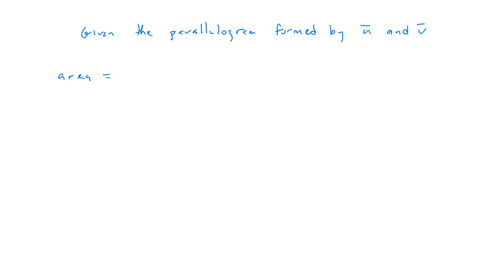Given a parallelogram formed by two vectors u and v, how do we get the area of the parallelogram formed by those two vectors? So it's a chapter 1 question.